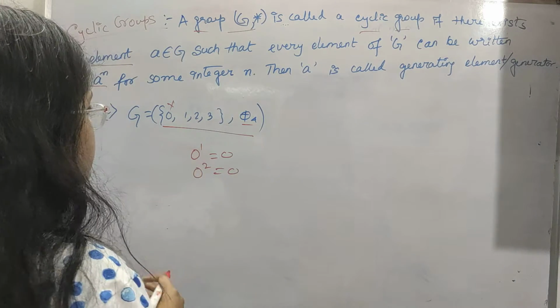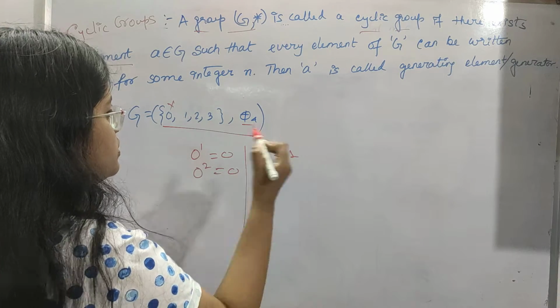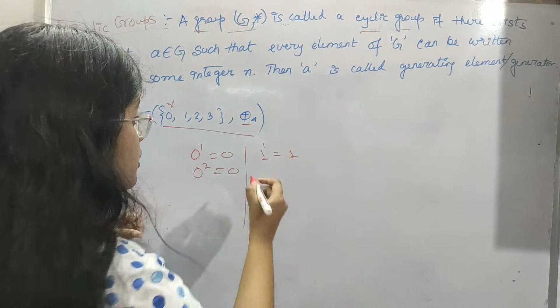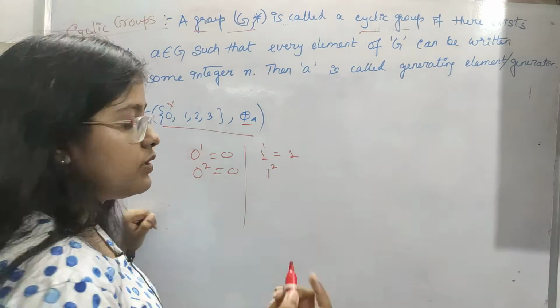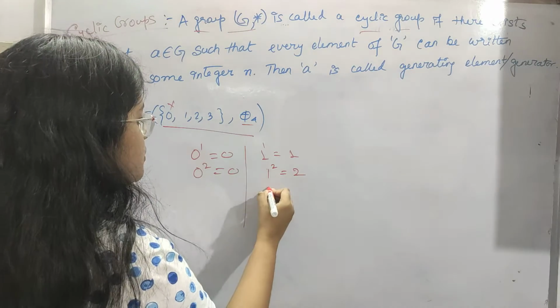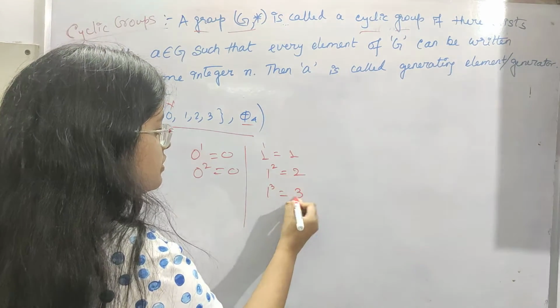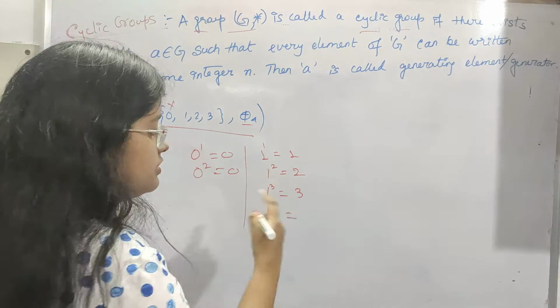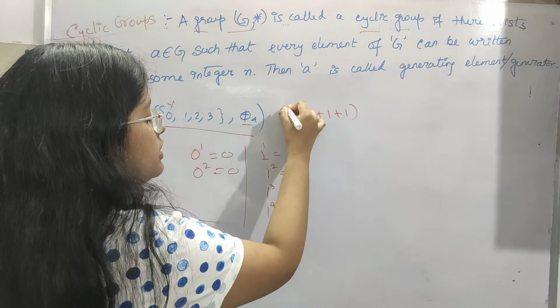Now next is 1. 1 to the power 1 is 1. 1 to the power 2 means 1 plus 1 is 2. So 2 is generated. 1 to the power 3 means 1 is added 3 times, so this is 3. Now 1 to the power 4 is very important. It is 1 plus 1 plus 1 plus 1, so total is 4.